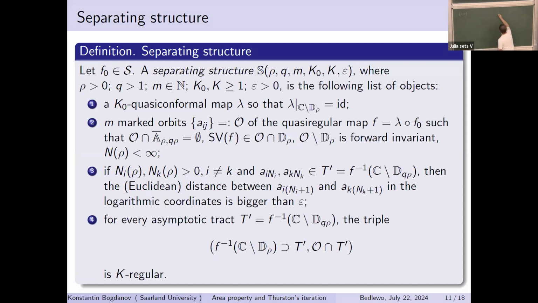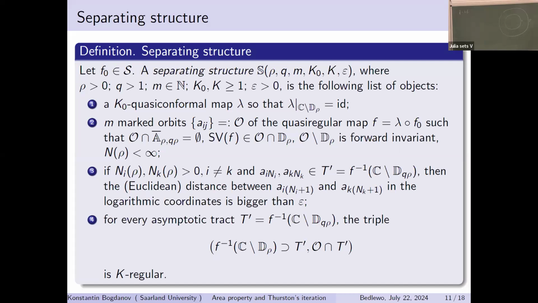So the first thing that we have is a big round annulus around 0 with internal radius rho and external radius q rho, where q is some constant bigger than 1. You will see why we have this formulation on the next slide. We assume that lambda is equal to identity outside of this inner disk.